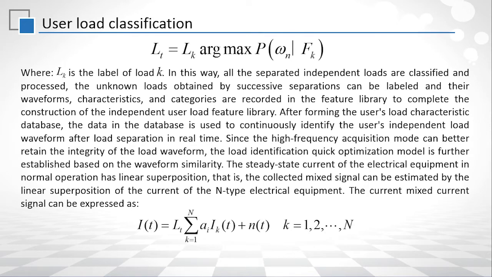The load identification quick optimization model is further established based on the waveform similarity. The collected mixed signal can be estimated by the linear superposition of the current of the N-type electrical equipment. So the current mixed current signal can be expressed as follows.